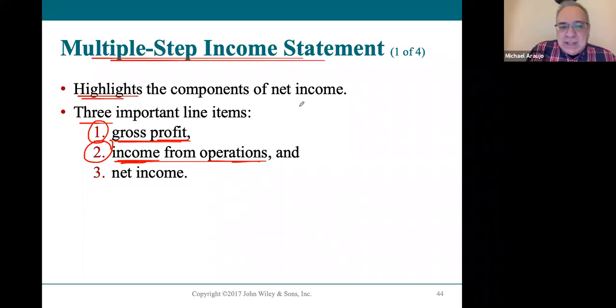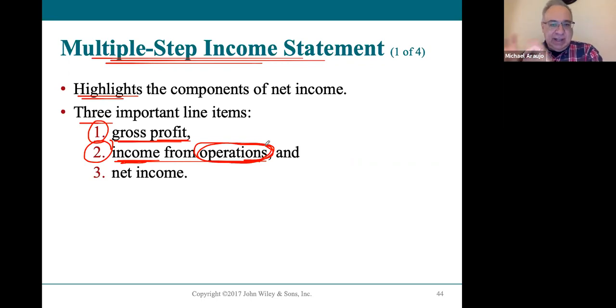So what this multi-step income statement does is separate that. It tells you, look, if you're just looking at the sole operation of the main business, which is selling the products, this is their profit from that. And then they break that out into something called an other category. And they show you the other stuff that they're doing separately.